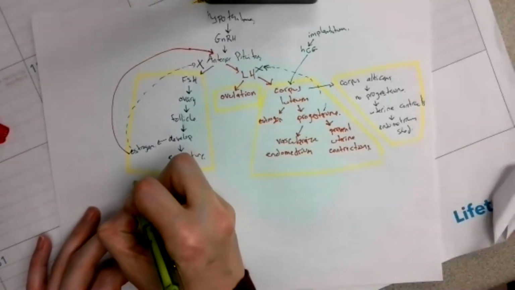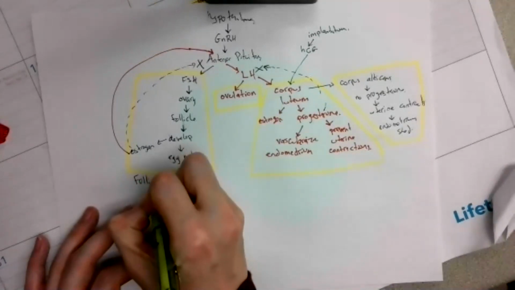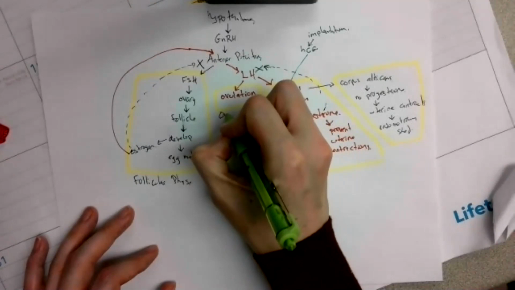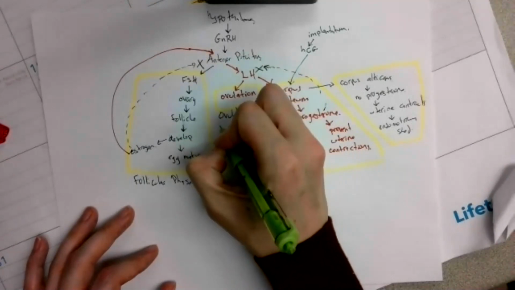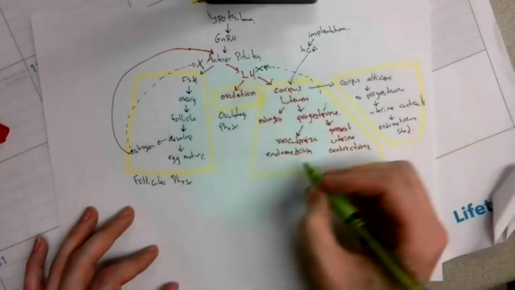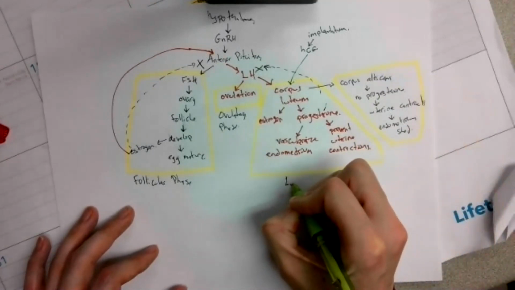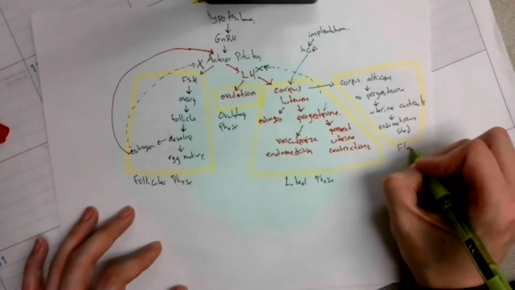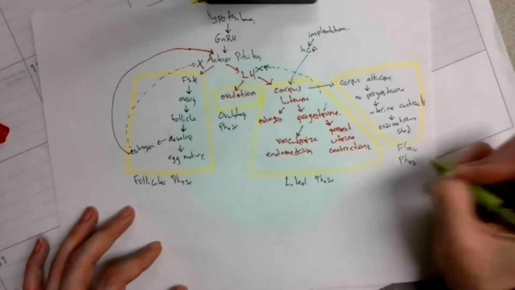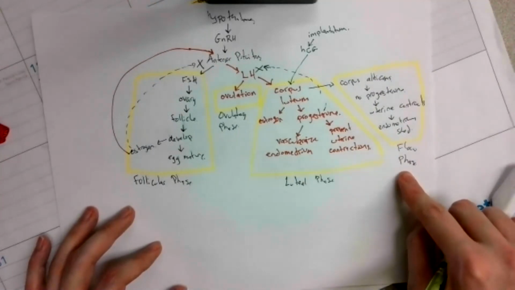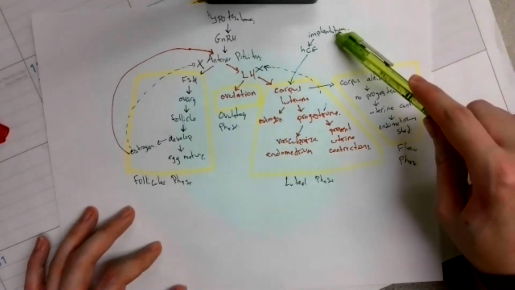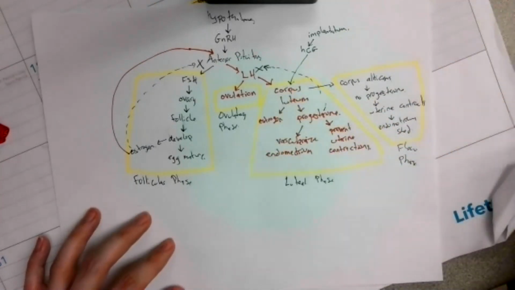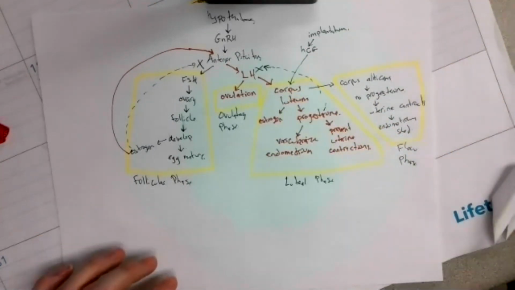This is the follicular phase, ovulatory phase, luteal phase, and then the flow phase. And again, the only thing that prevents the flow phase is pregnancy, which will just keep this luteal phase going. Okay, and that is a summary of the menstrual cycle.